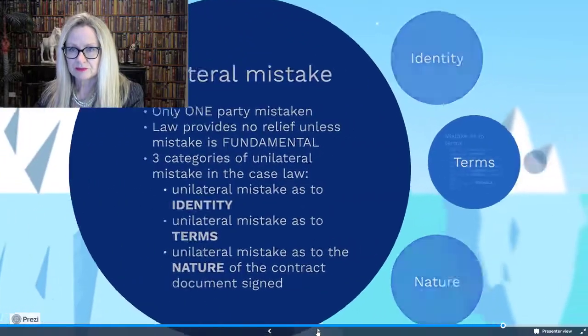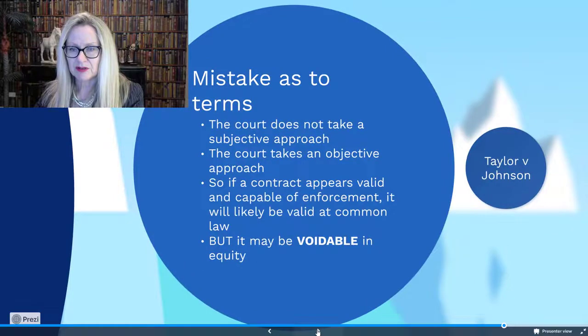And the other one to think about is mistake as to terms. Here, obviously, the court doesn't take a subjective approach, it takes an objective approach, and that's pretty much the same for 99% of questions in contract law. The court will take an objective approach.